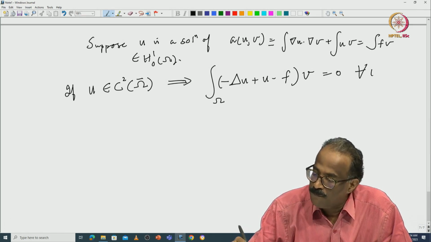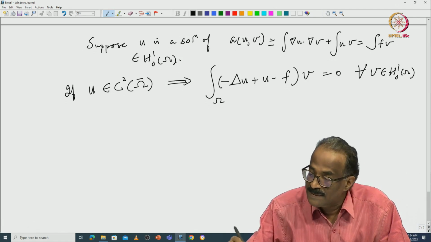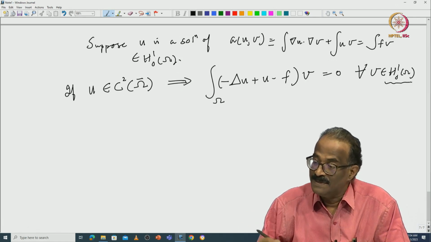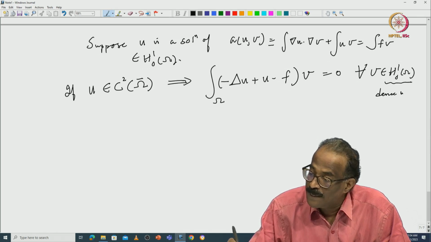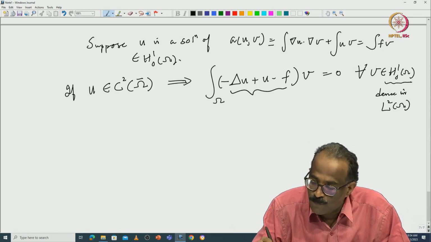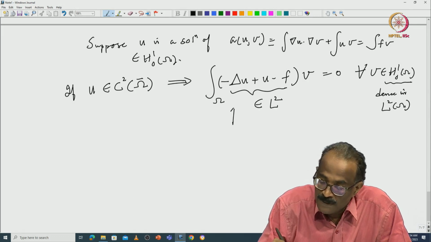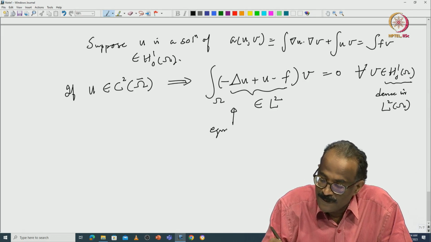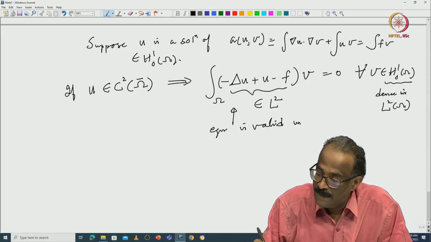This is for all v in H1 naught of omega. Note that this is a dense space in L2 of omega, keep that in mind. And since u is in C2 of omega, this is in L2. Therefore, this equation is valid in L2 of omega.